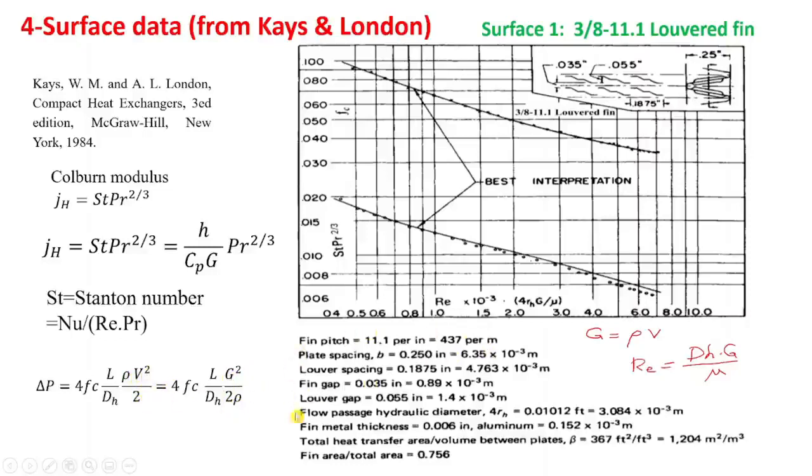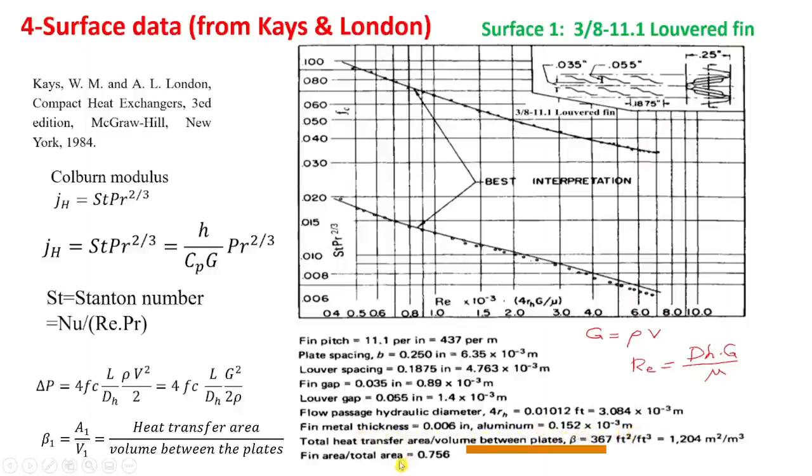The data here below the figure is geometrical data. We would like to focus on some of them. For example, the plate spacing is given here in inches and in meters. Also, the flow passage hydraulic diameter, which is 4rH, is given here as 3.084 times 10 to the power minus 3 meter. The fin thickness is given as 0.152 times 10 to the power minus 3 meter.